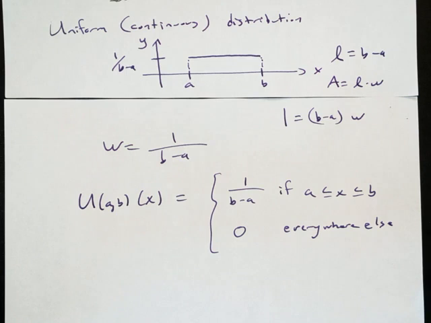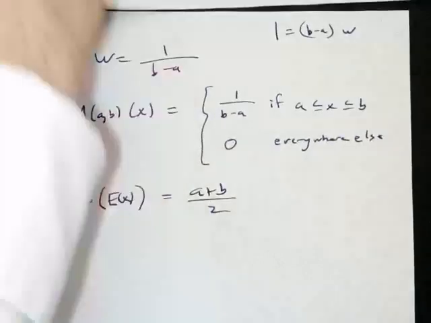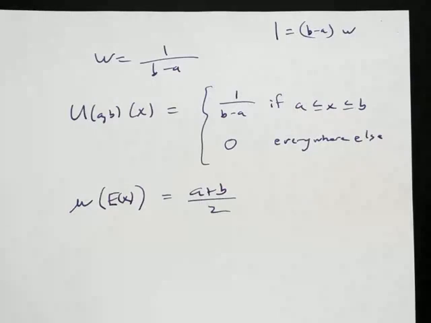The absolute best thing about this distribution is that the mean and the standard deviation are exactly the same as they were for the discrete version, which means that the mean, or the expected value, is exactly in the middle, halfway between A and B. Now, the standard deviation calculation is a little bit more of a pain in the neck.